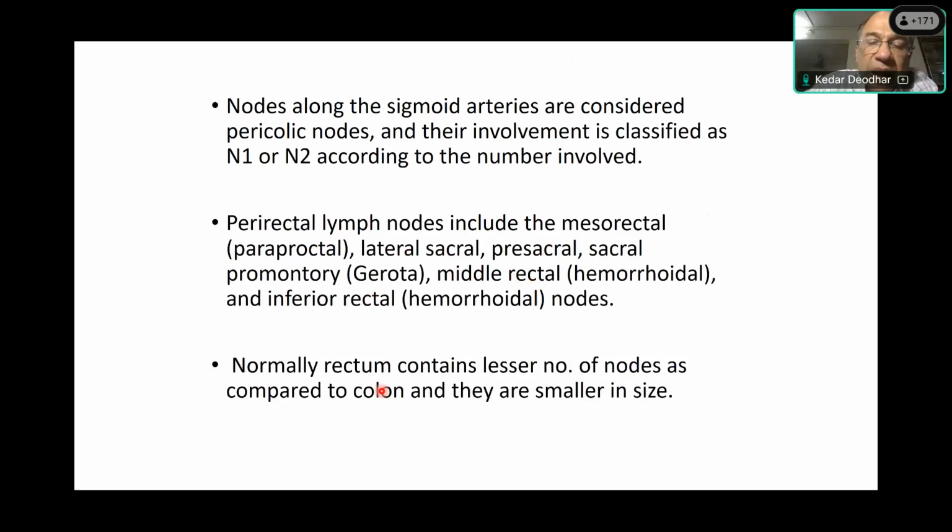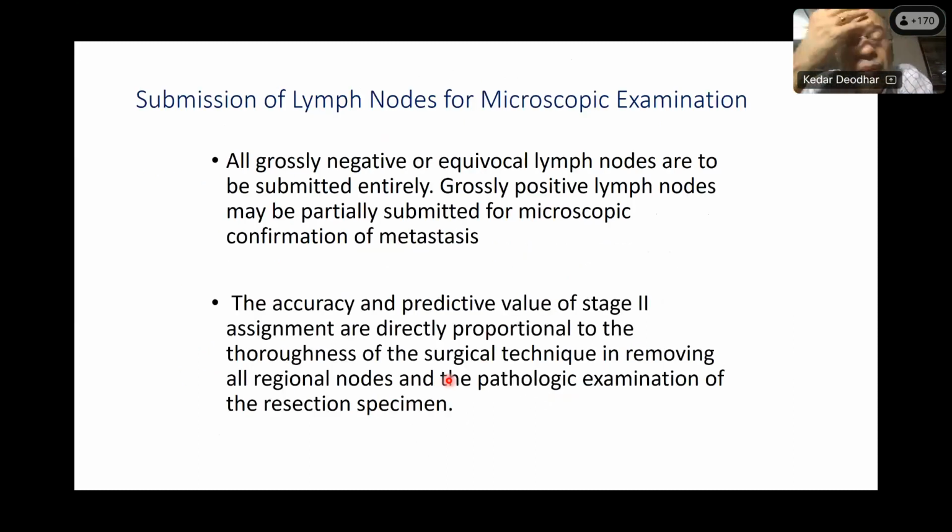Normally, the rectum contains a lesser number of nodes in the perirectal fat as compared to the colon. So colon will typically have more nodes. So how many nodes to submit? Submission of all the nodes is required in a cancer specimen, be it rectum or colon. The accuracy and predictive value of stage 2 assignment are directly proportional to the thoroughness of the surgical technique in removing all the regional nodes.